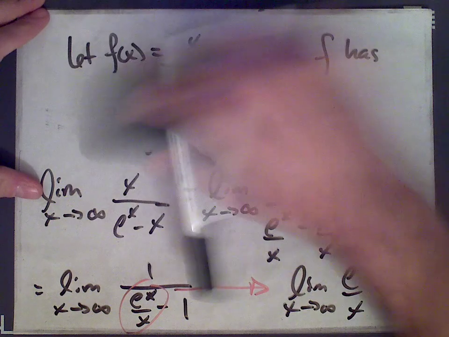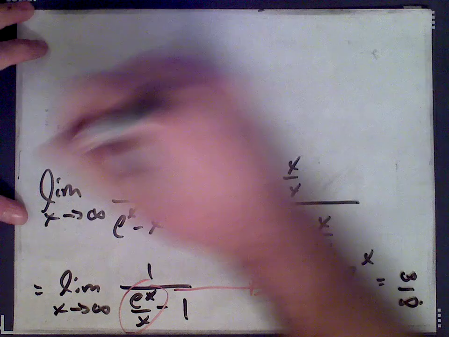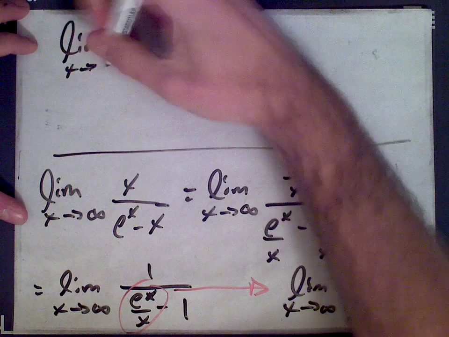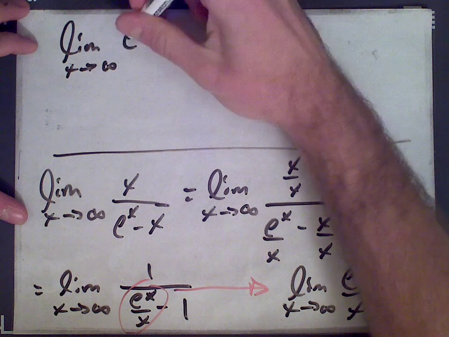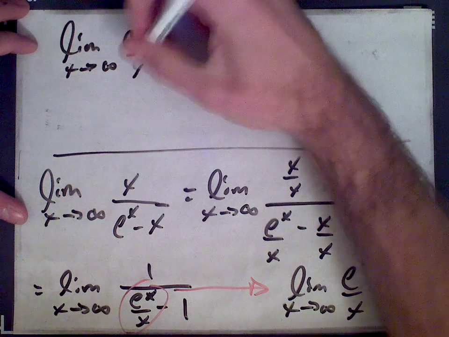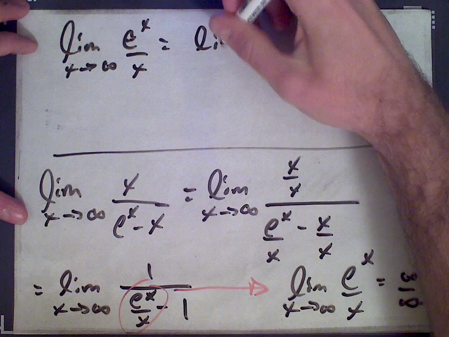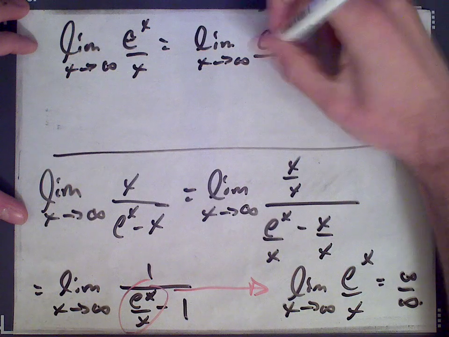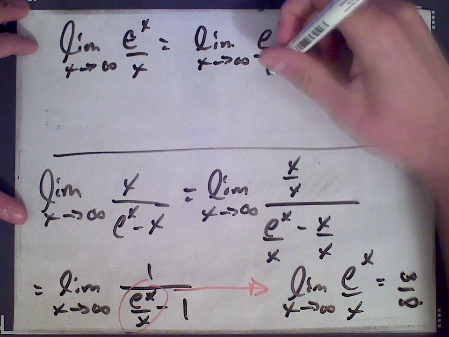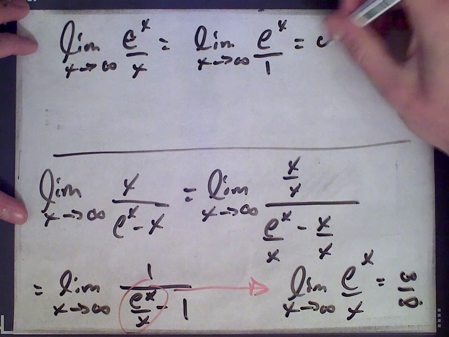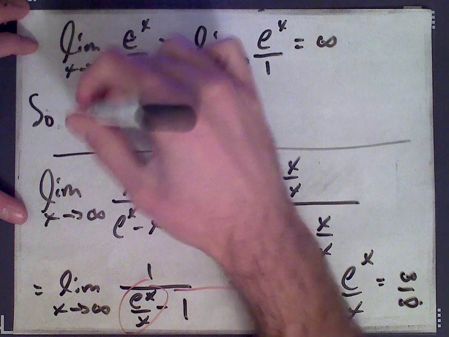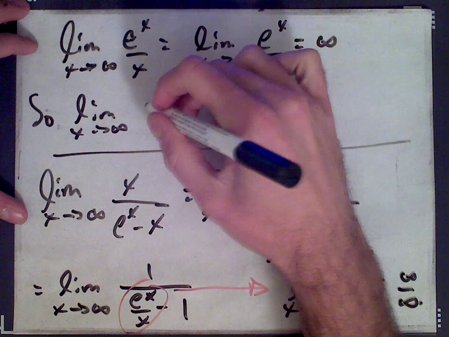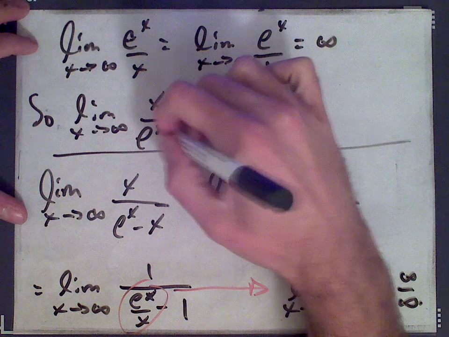Using L'Hopital's rule, the limit as x goes to infinity of e to the x over x is the limit as x goes to infinity of e to the x, that's the derivative of the top, divided by 1, which equals plus infinity.